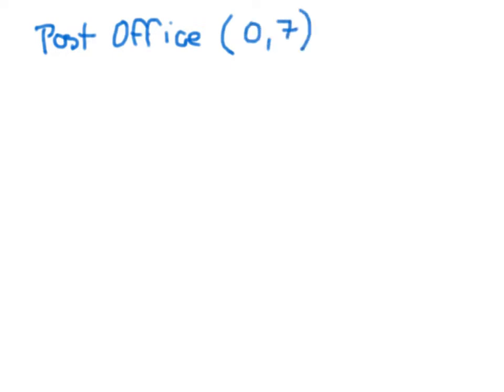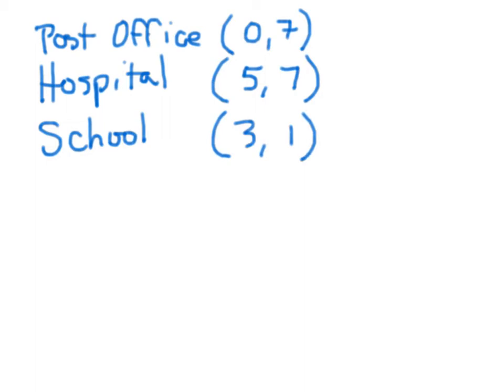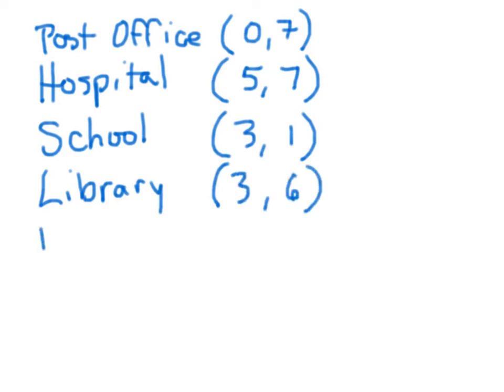Let's say she's going to put the post office at the point (0, 7), and maybe a hospital at (5, 7), and a school, gotta have a school, at (3, 1), a library at (3, 6), not too far away from the school, and let's throw in a bank, and that bank will be at (5, 1).